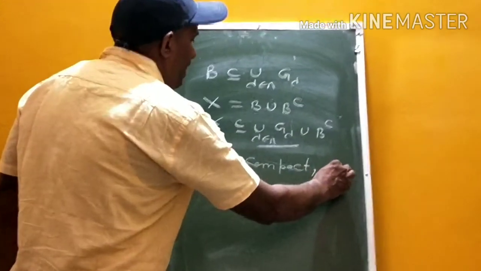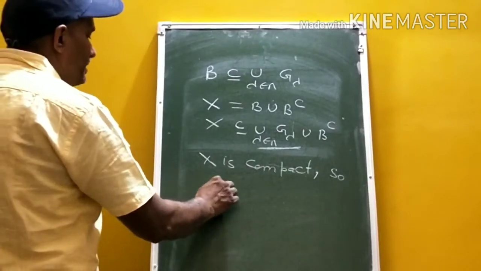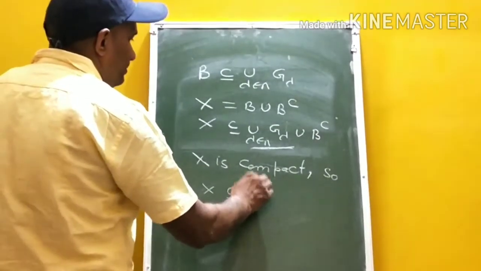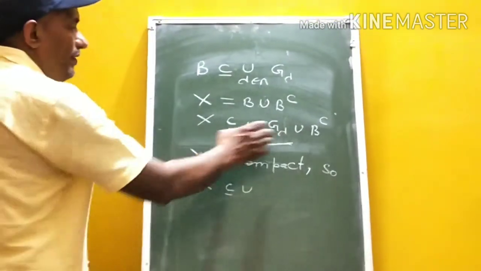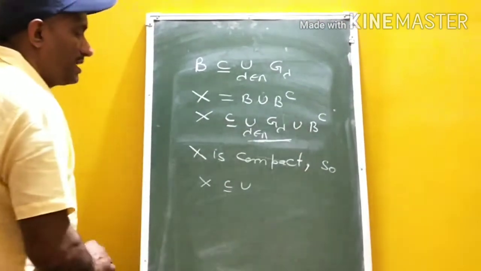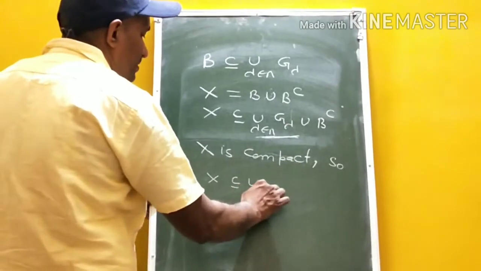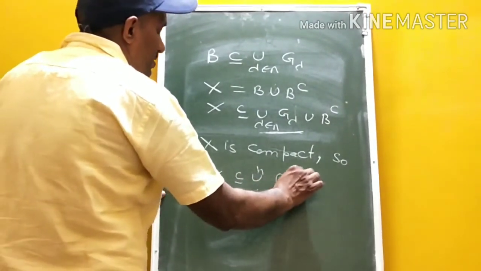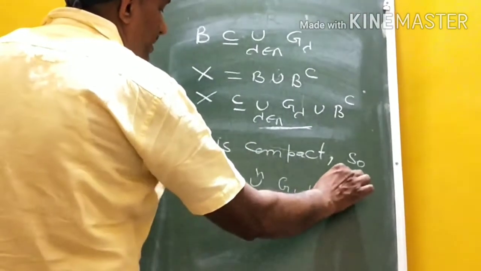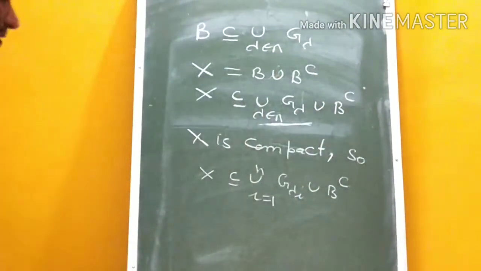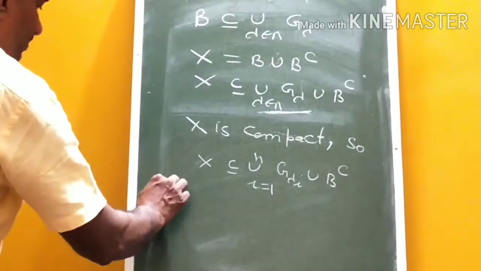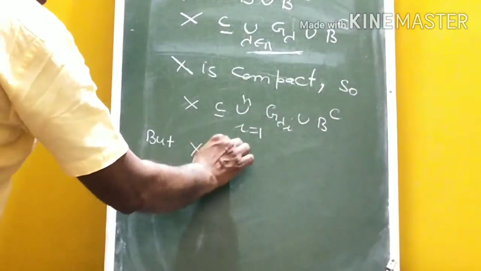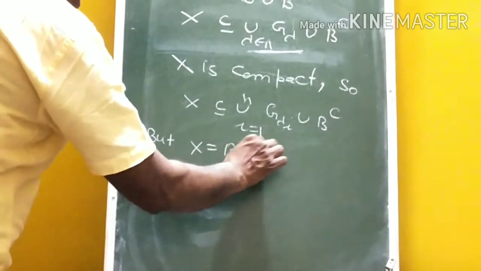So X has a finite subcover. This is a cover of X, and this cover has a finite subcover. So we can say X is equal to the union over i equals 1 to n of G lambda i, union B complement. But X is B union B complement.